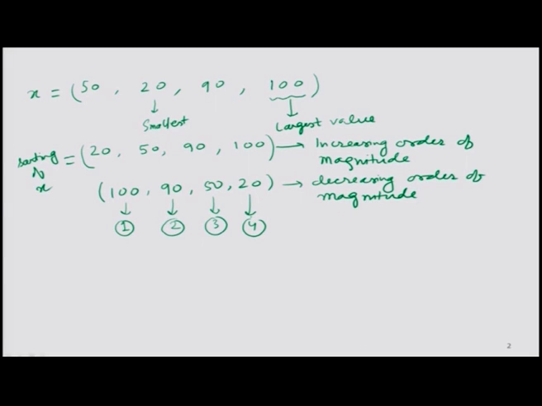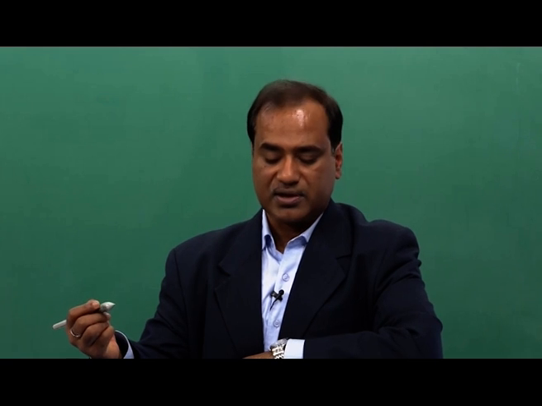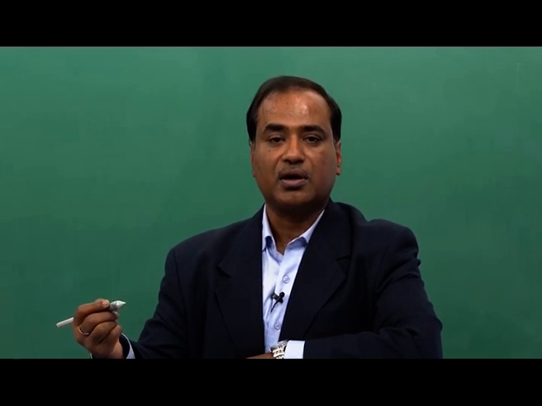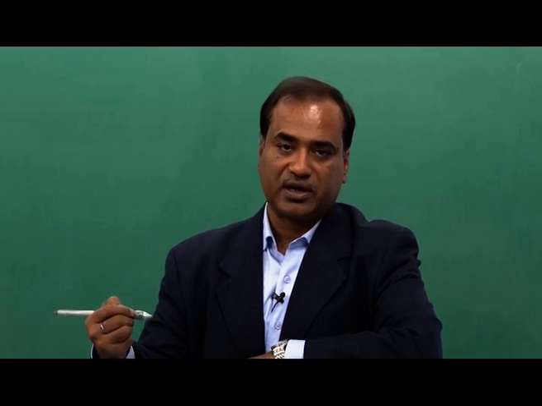Similarly, when we sort the data in increasing order of magnitude, this is at the first place, this is at the second place, this is at the third place and this is at the fourth place. So, when we say that we want to order the data, that means we need to know what is the order value of a particular value inside the vector.